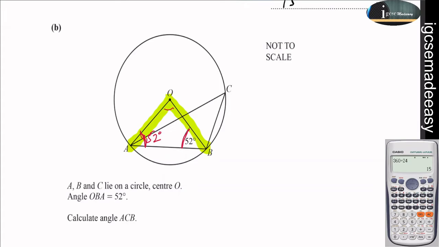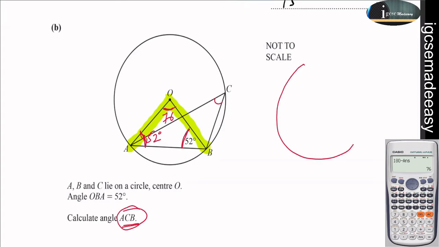So if this is 52, then we can find this one by subtracting from 180, right? So 52 plus 52 gives you 104, and 180 minus that gives you 76. So this answer is 76. So why are we trying to find this one? Because we have to calculate ACB. ACB is this angle, right?